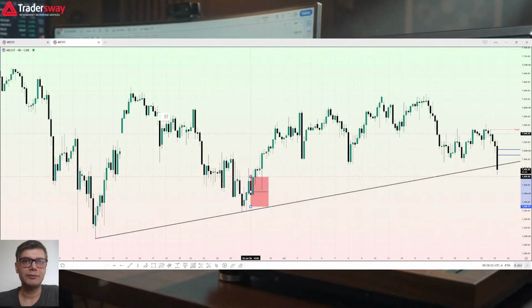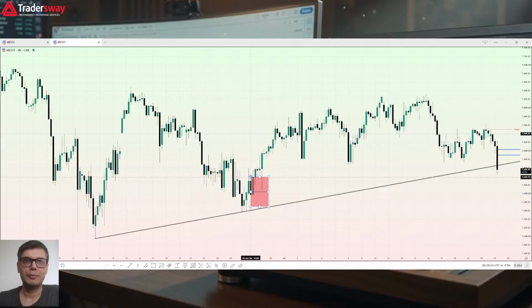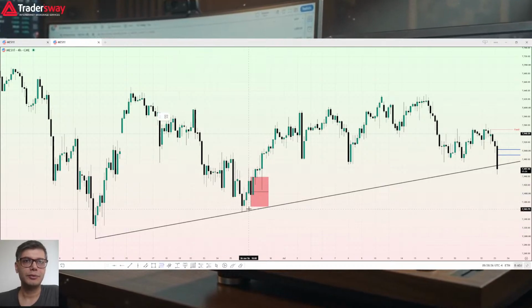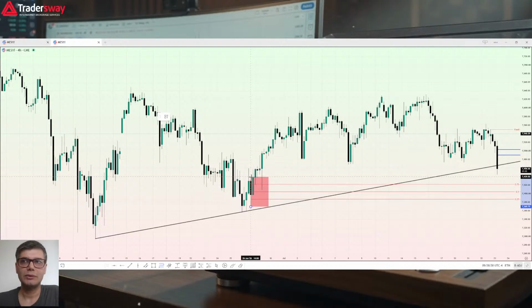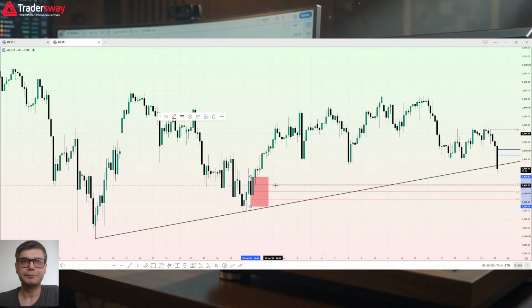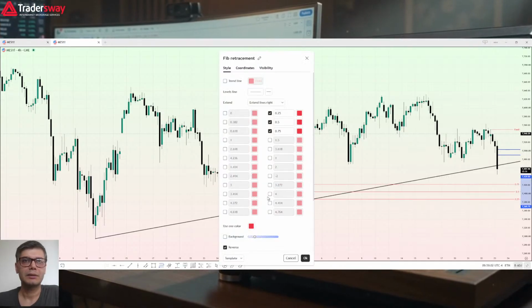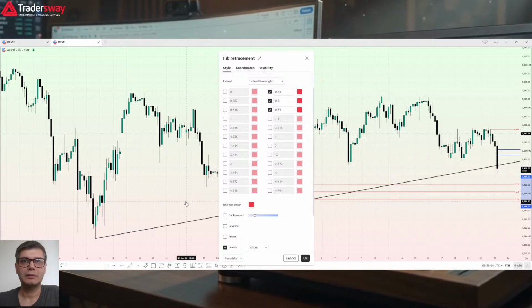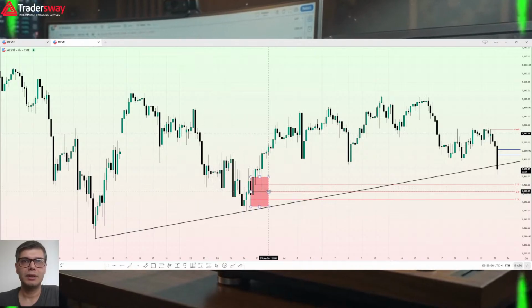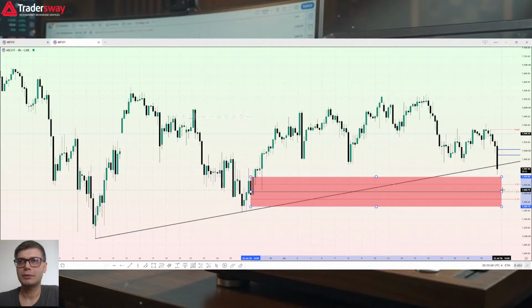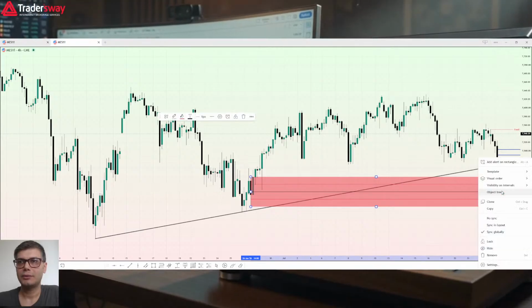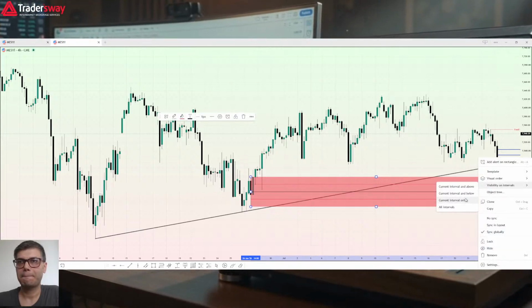Any of these levels can provide a long position. So here's what I'm going to do. It can go to any of these levels. Let's have this on all time frames.